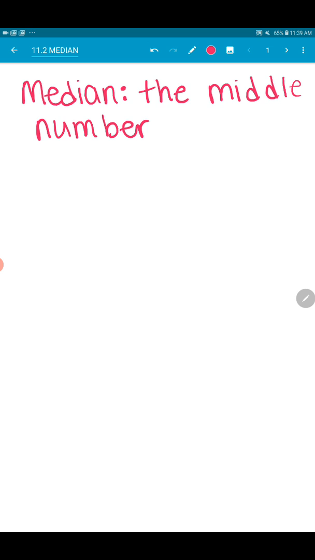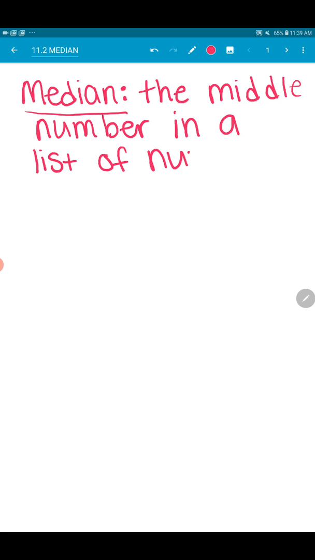What we have to remember about median is that it is the middle number in a list of numbers ordered from least to greatest. So it has to be from least to greatest.